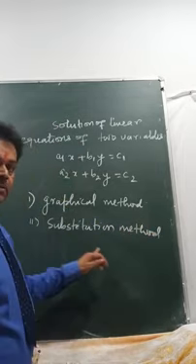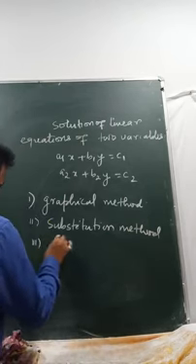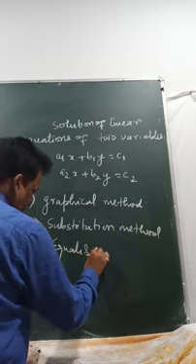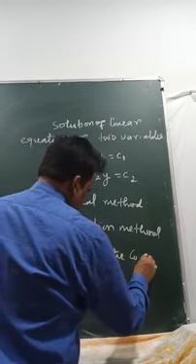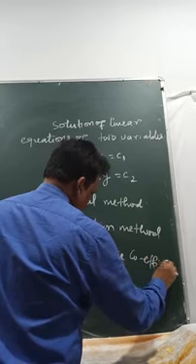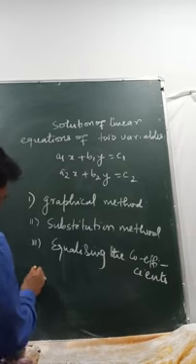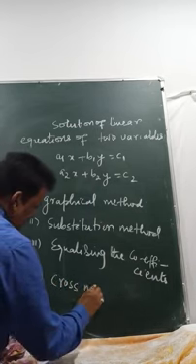Third method is equalizing the coefficients. Fourth is cross multiplication method.